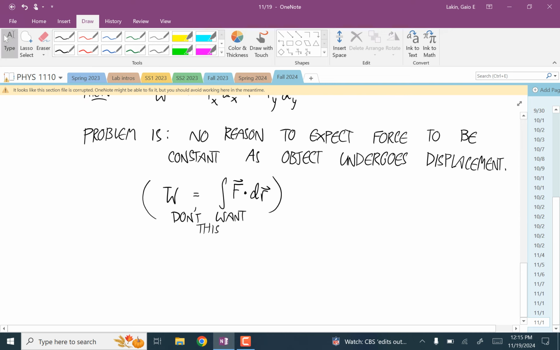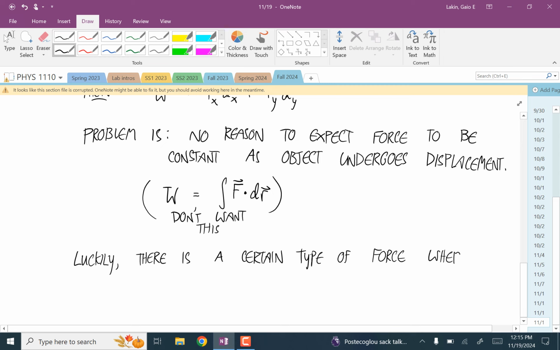But it turns out that there are certain types of forces. So let's say luckily, or let's say there is a certain type of force where the work is calculated easily even when it's not constant.